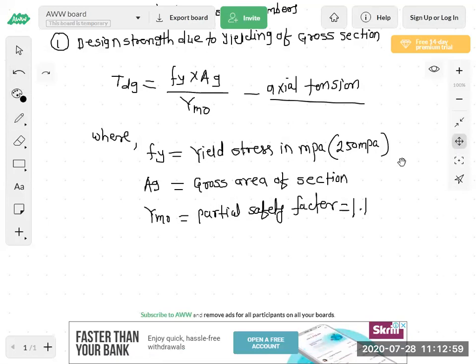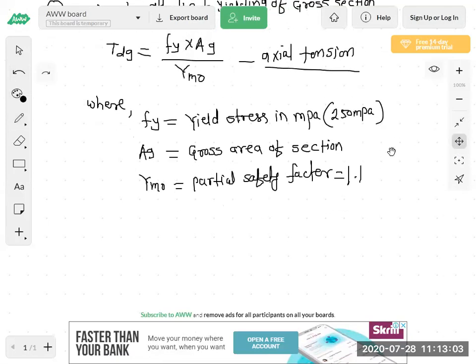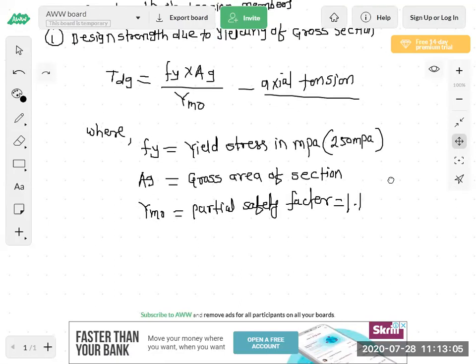Now, is this over? Everyone has written. So this is the first strength, yielding of cross section.